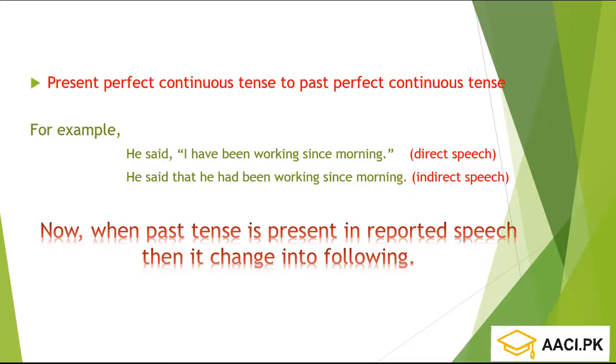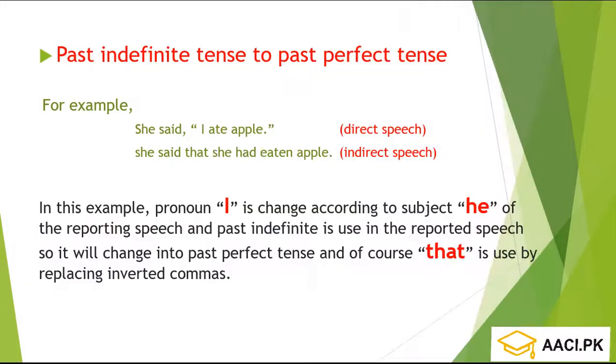Now, when past tense is present in reported speech, then it changes into the following. In this example, I have changed firstly the inverted commas into that, and the pronoun I changes to he, and have been is converted into had been. This is the change in the tenses.